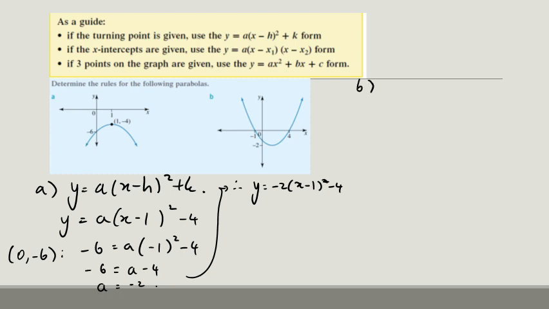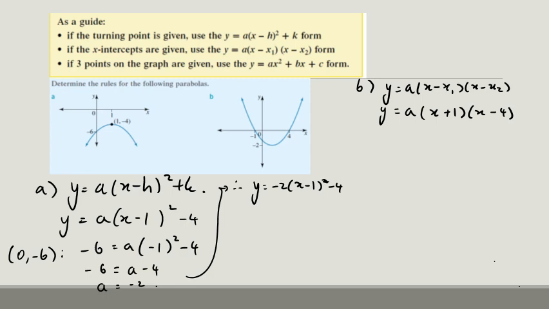Alright, part B. We're given the x-intercepts on this one, so we should use intercept form. Then we'll substitute our x-intercepts in, which is -1 and also 4. Substitute the point we're given, which is a turning point.